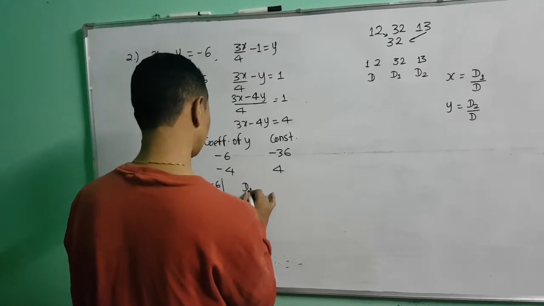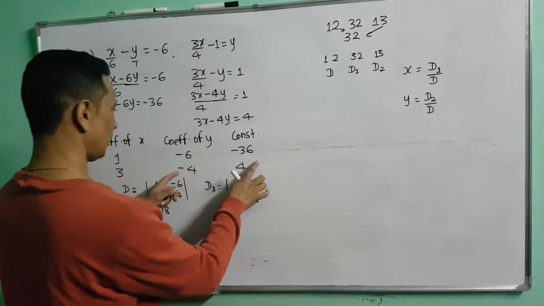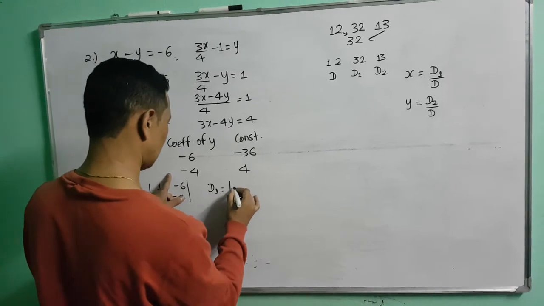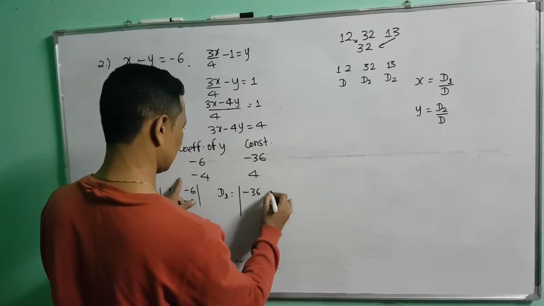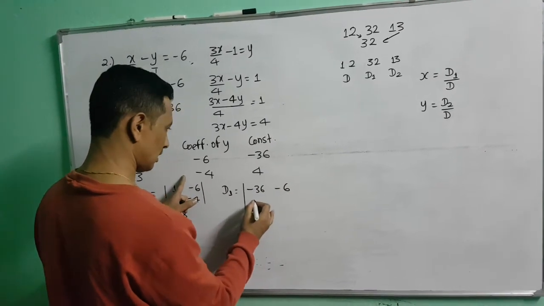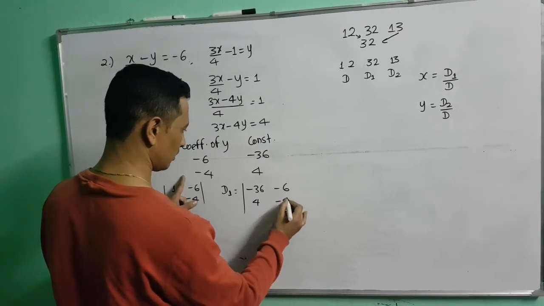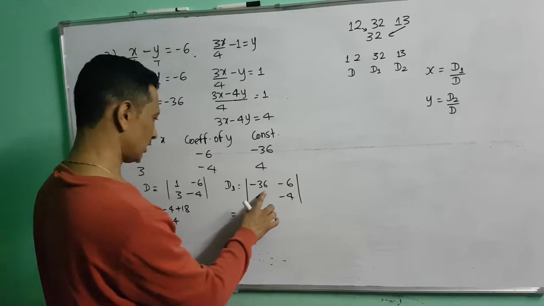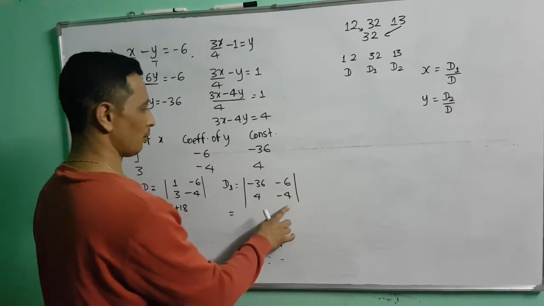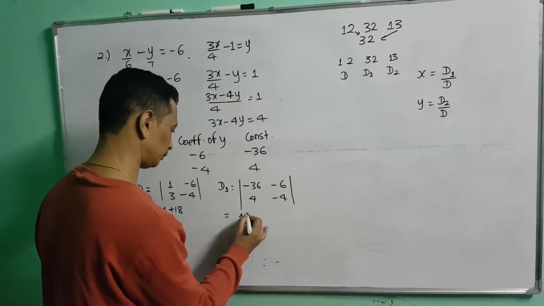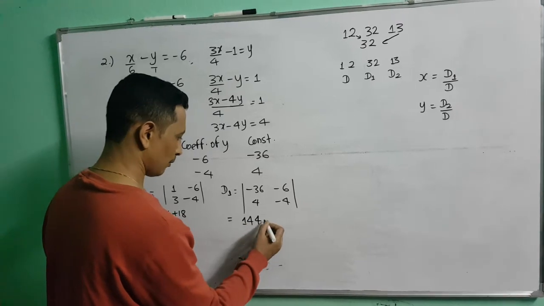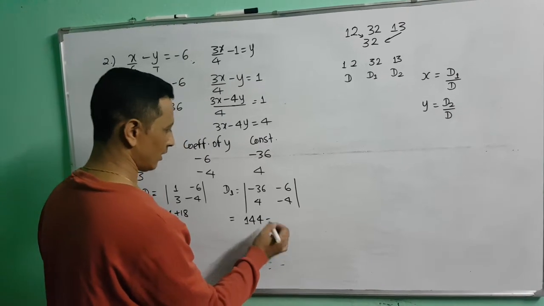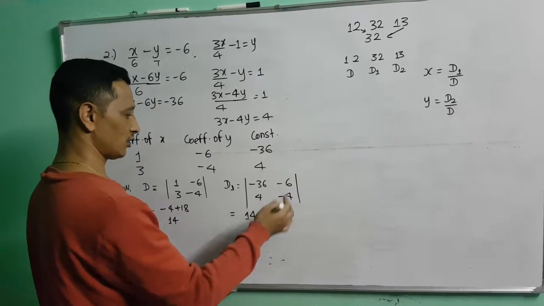D1 is the third and second columns: minus 36, minus 6, 4, minus 4. This equals to minus 36 into 4 is minus 144, minus 4 into minus 6 is minus 24.